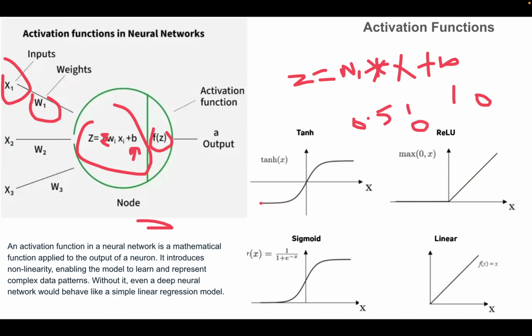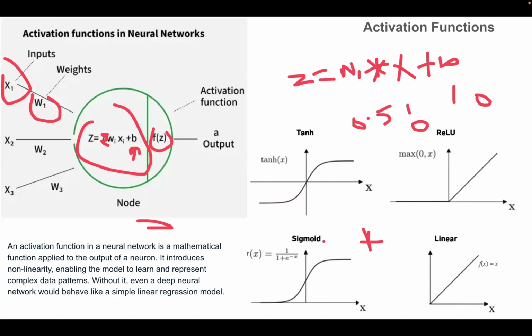There's the tanh function. This one goes from down here to 1, I think from -1 to 1. ReLU goes from 0 up. And then we have the linear function, which is a function of x. This one is just the simple one that we know.